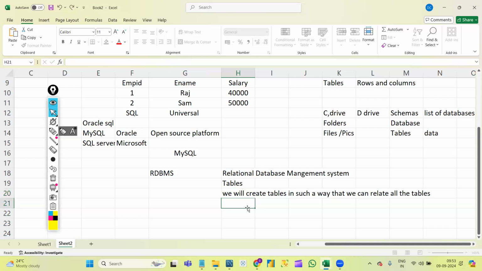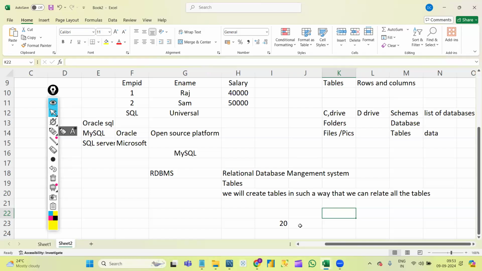In real time, we will have many tables. Suppose I have 20 tables in my database. In those 20 tables, I have a lot of data, but I will create the tables in such a way that I can relate all those 20 tables with each other. Whatever data I have in those tables, if I want, I can relate that data together.